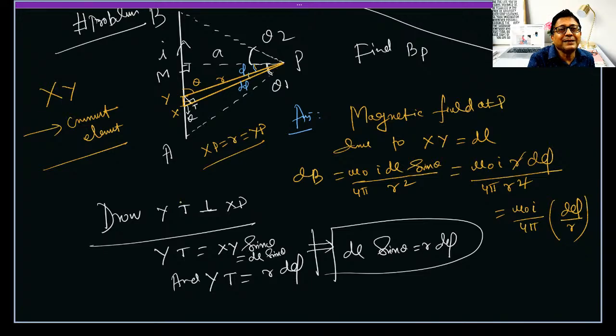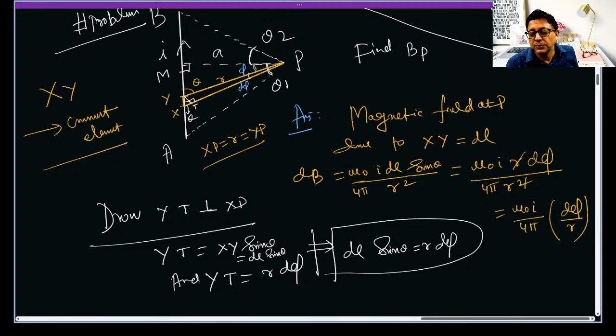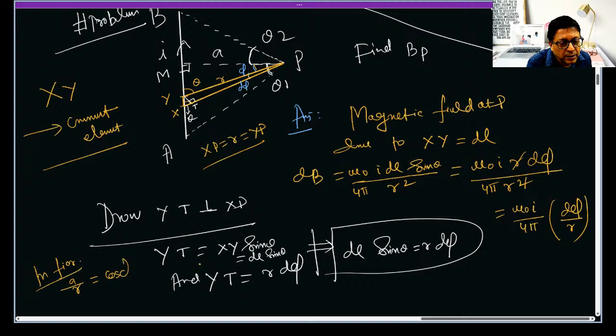We have taken a fixed distance a over there, so use this concept. In this diagram we get a by r equals cos phi, isn't it? Use this fact here.